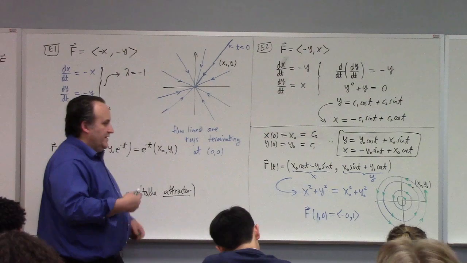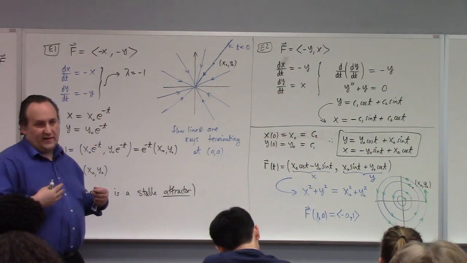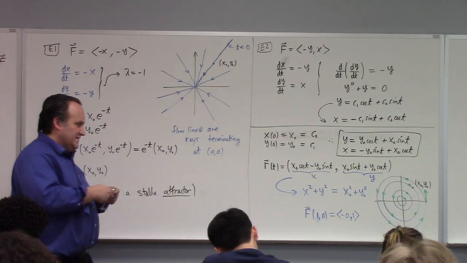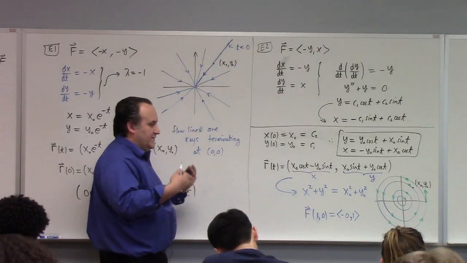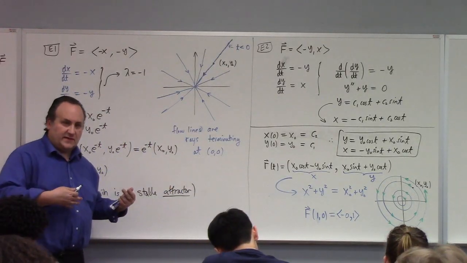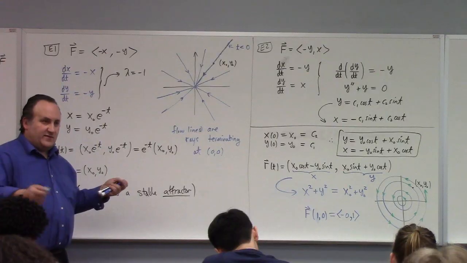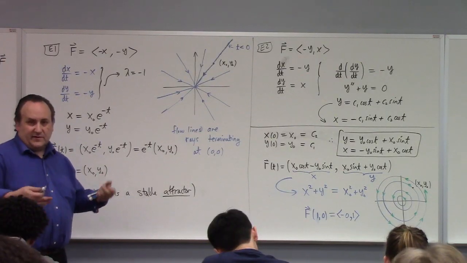The thing that makes flow lines interesting is that flow lines give you a picture of what the vector field looks like, without actually having to draw dozens and dozens of little arrows.